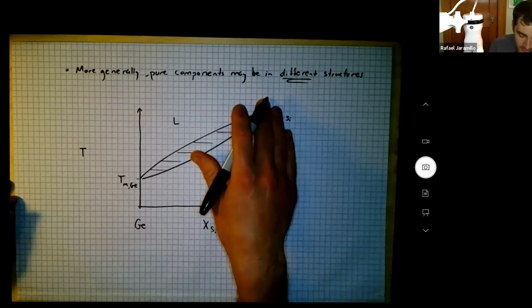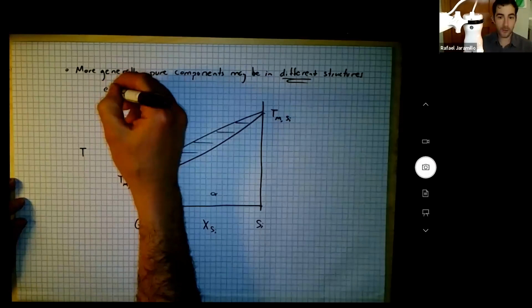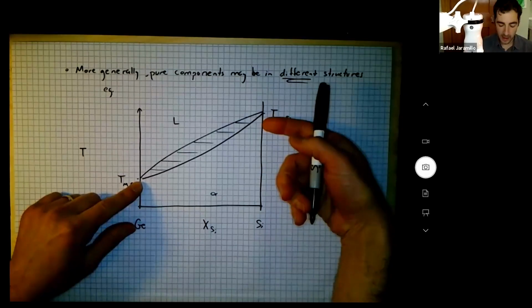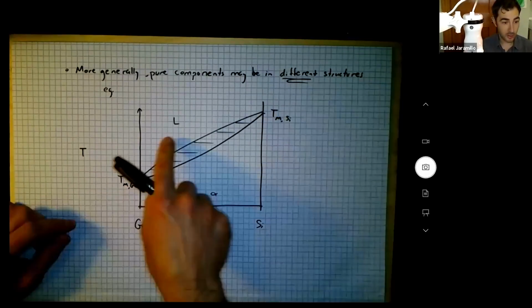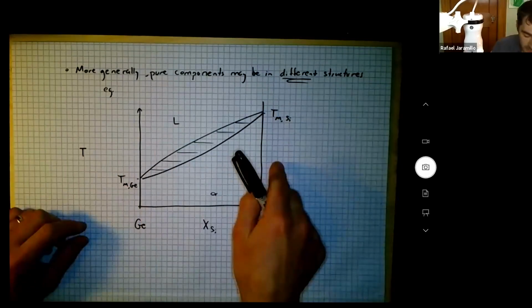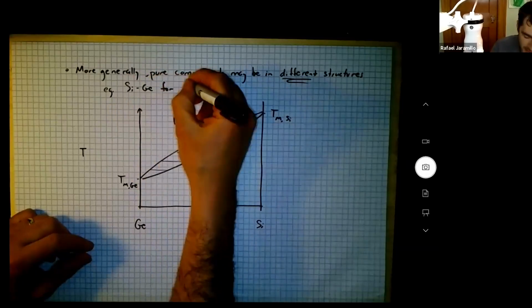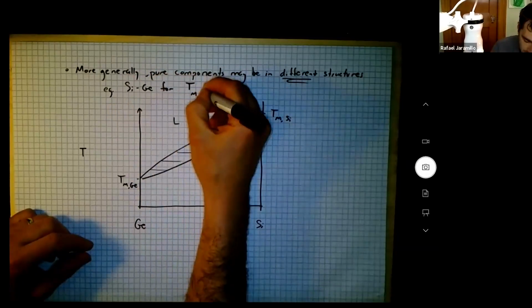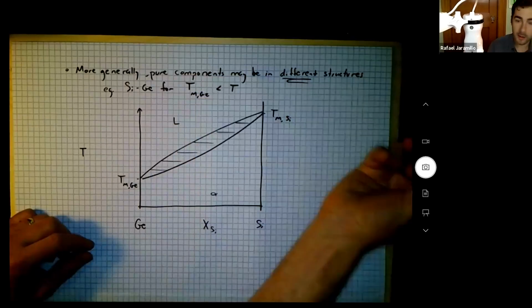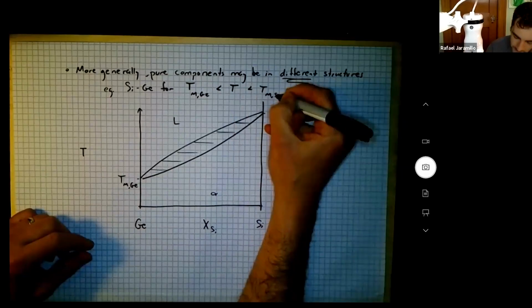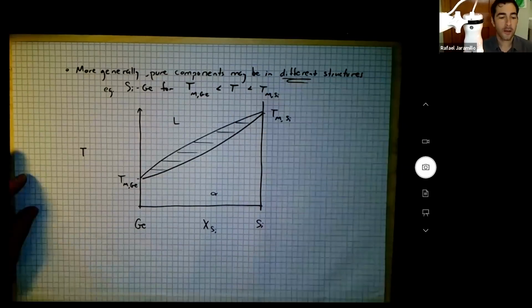But if you are in between these two temperatures, you need two different models because the endpoints are at two different structures. So if you have an intermediate temperature, we need two different solution models to analyze the system.